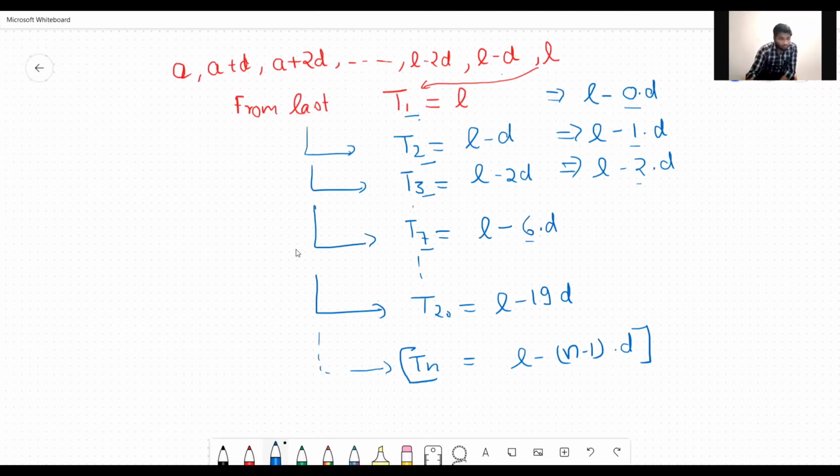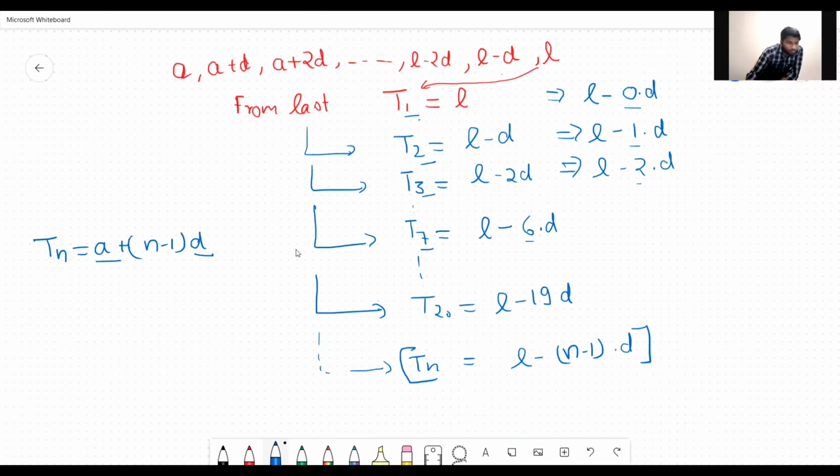The formula we have seen in the previous lecture was Tn is equal to A plus n minus 1 D. What are the requirements for this formula? The requirements are the first term and common difference, and n is the value you have been asked for, the seventh term or the sixth term.